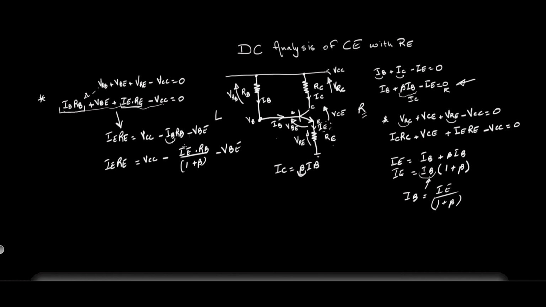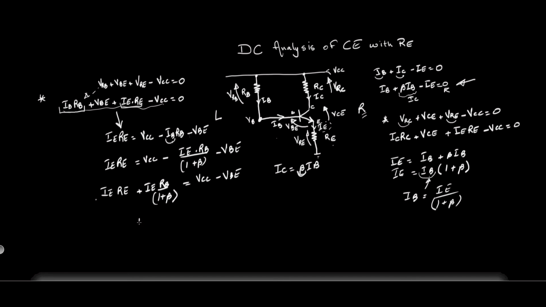Excellent. Can we move the term that has the IE to this side? Sure. We could do IE RE plus IE RB over 1 plus beta, this is RB, equals VCC minus VBE.